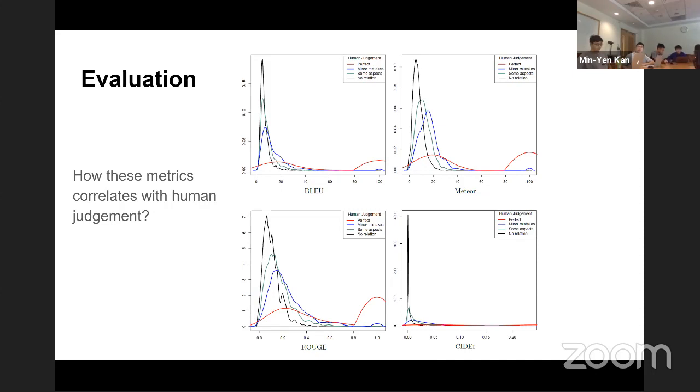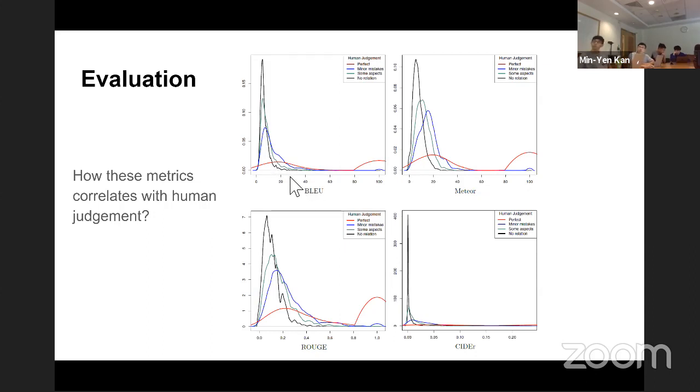Actually, in this paper, they calculate the correlations between human judgment and the automatic evaluation metrics. As you can see, they have tried BLEU, METEOR, ROUGE and CIDEr. You can see the figure.